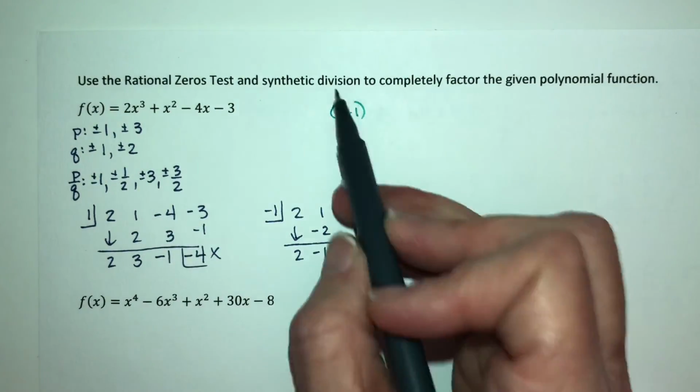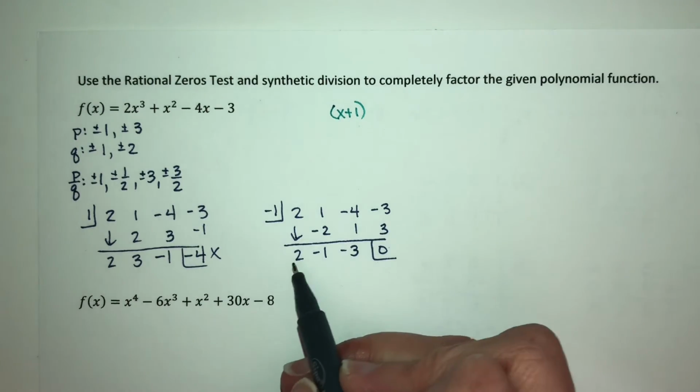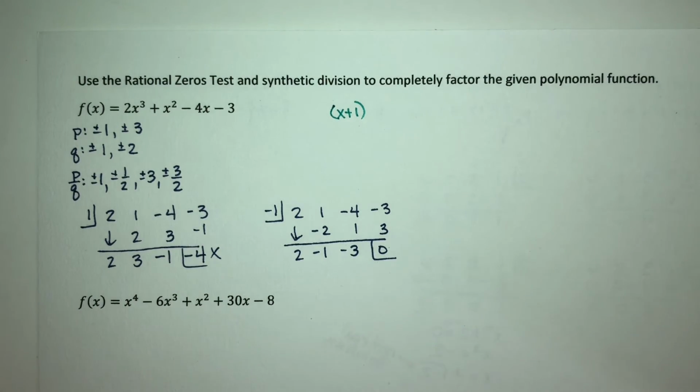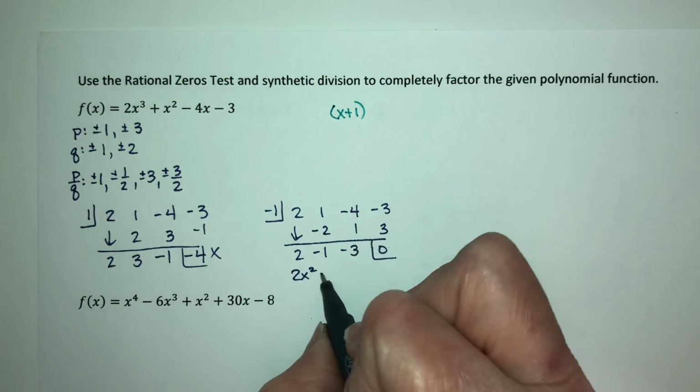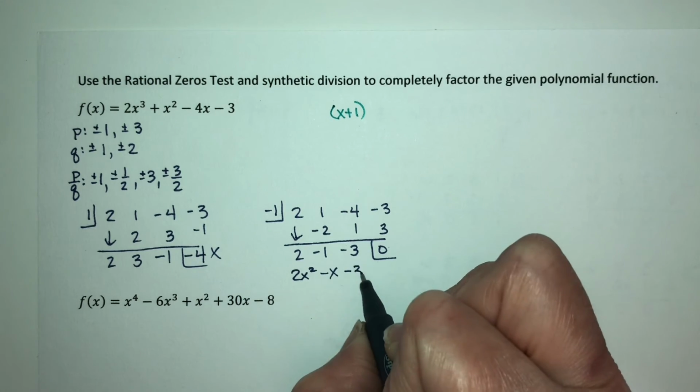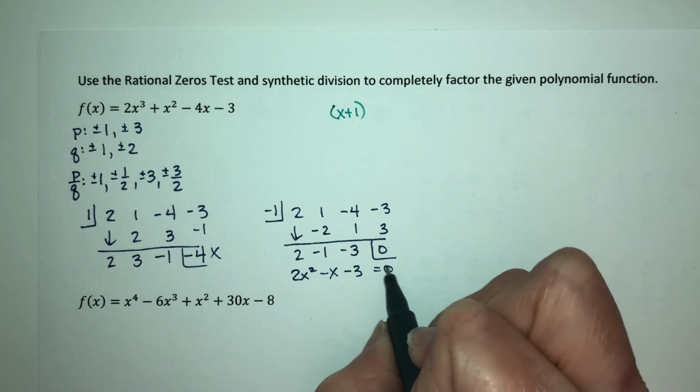So this is going to be part of my solution. Now I want to write this depressed equation here, which would be 2x squared minus x minus 3 equals 0.